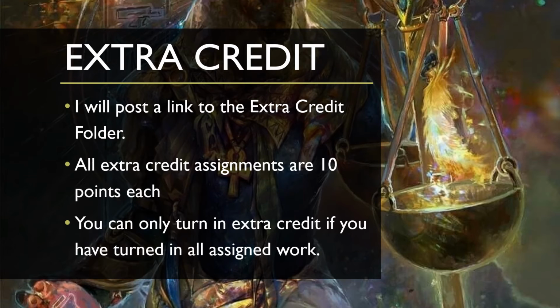So this is not a situation where you can choose not to do your assignment and then just do a bunch of extra credit and still get a good grade. You must do your assignments, but if for some reason you got a low grade on your assignments, you have the option of doing extra credit.